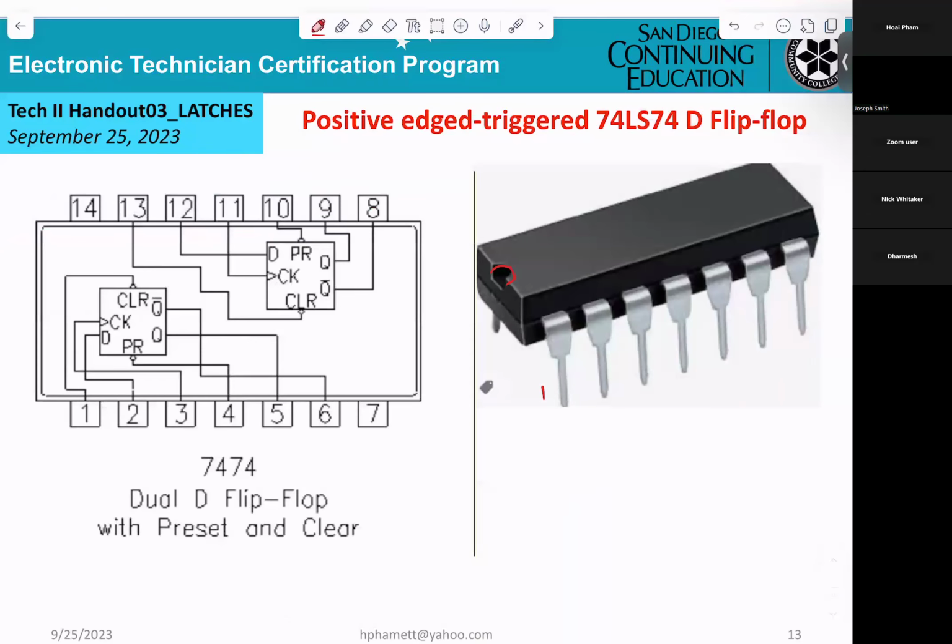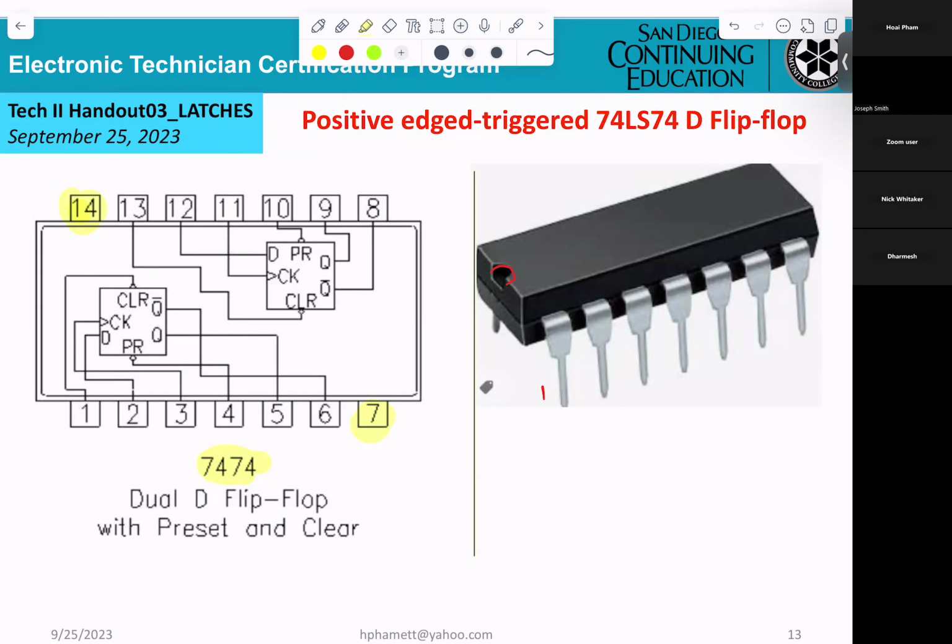And now this will be the 74 D flip-flop. Normally, there are AND gates, OR gates and so on. 14 will be VCC and 7 will be ground.